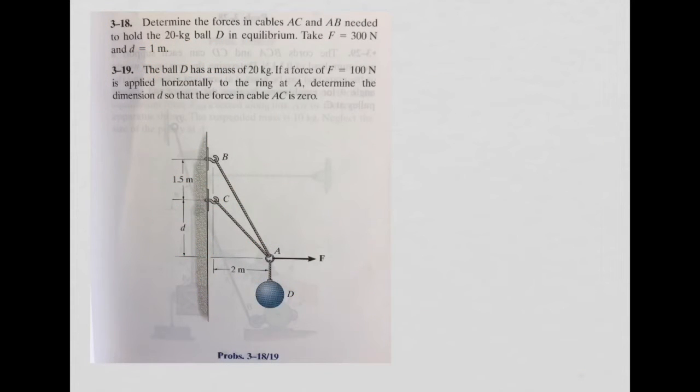Okay, so let's do this first one. These examples were taken from the Hibbeler book, Statics, which is a book that is recommended for this module. The idea of this example, question 3.18, is to obtain the forces in the cables AC and AB.